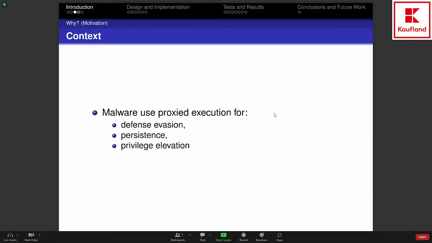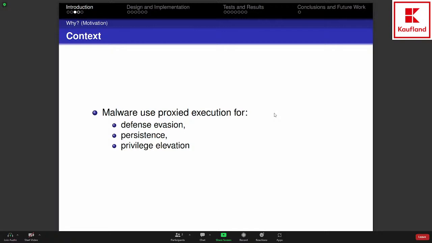So as we said, the recap for this part: malware use proxy execution for three main goals. Defense evasion. When you look at the list of processes and you see teams.exe, you think that's okay. But that process might contain malicious code in itself. So that's the way malware is hiding. You can have persistence.